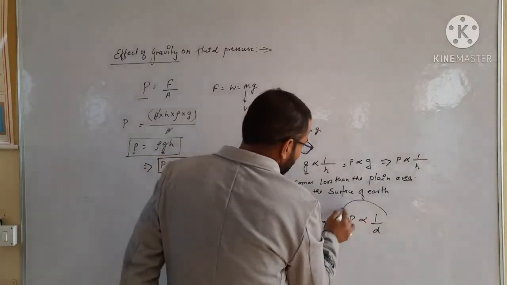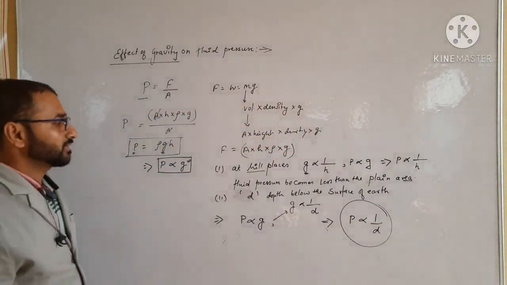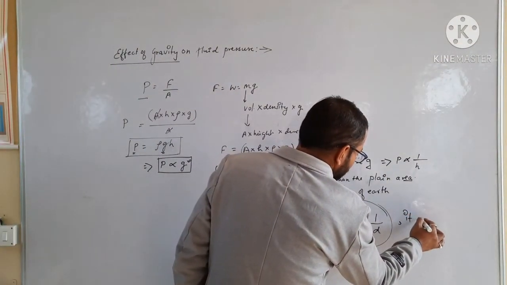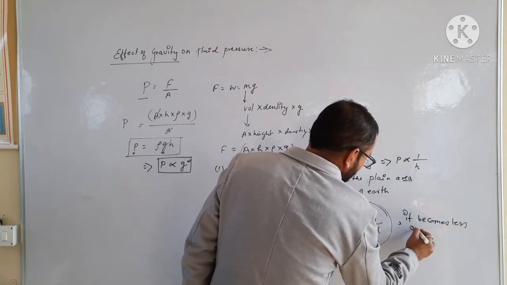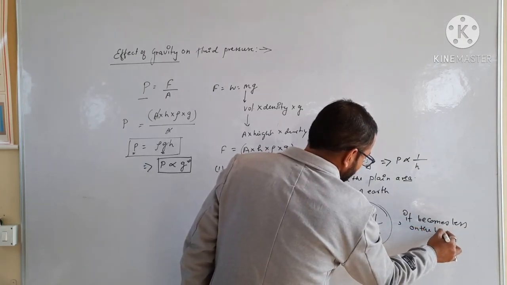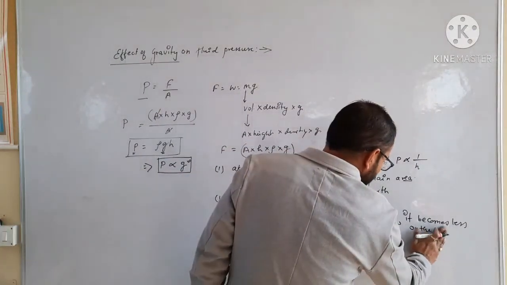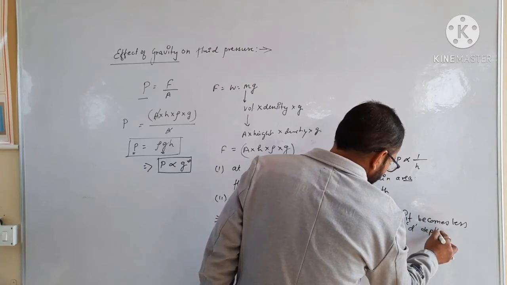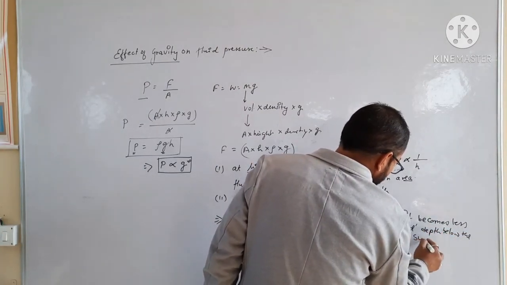Means when we want to know about the fluid pressure inside the surface of Earth, we will see that the fluid pressure becomes less at depth d below the surface of Earth.